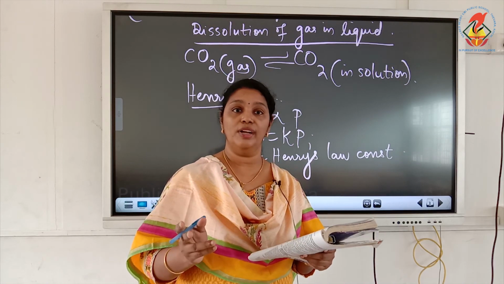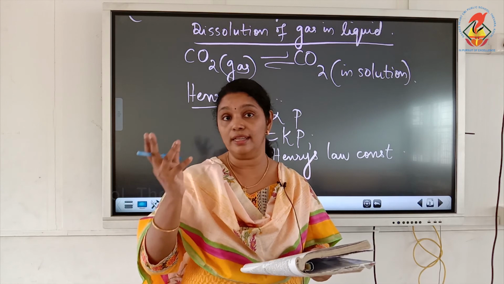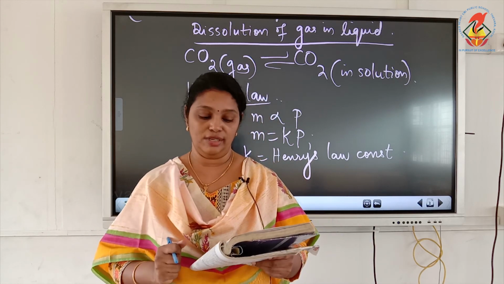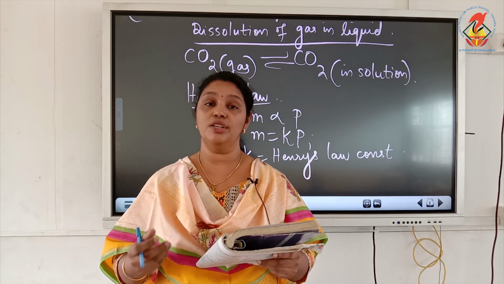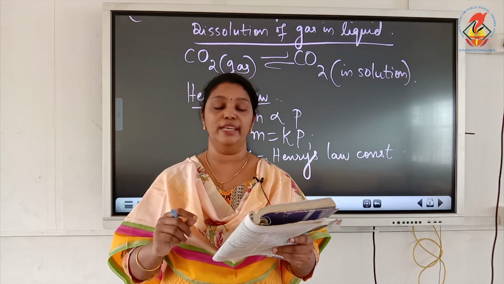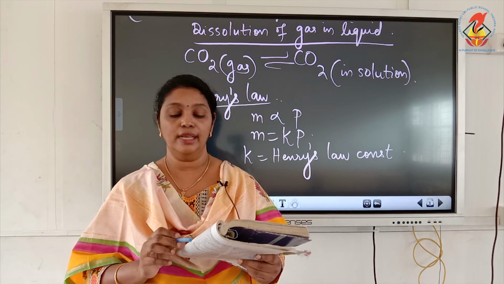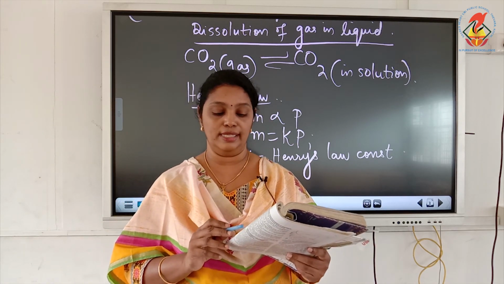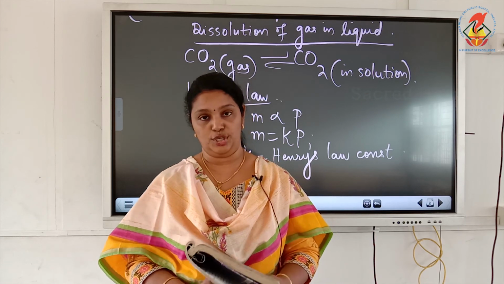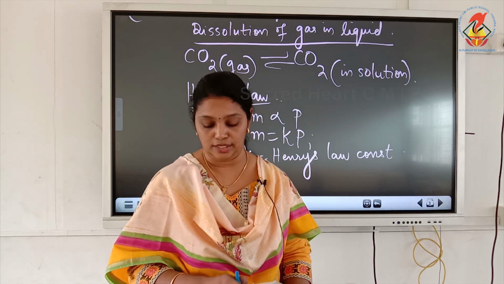The third one was solid vapor, which is sublimation, and there the color remains constant. Next, for dissolution of solid in liquid, the solubility of the solid in solution is constant. And the last is for dissolution of gases in liquid, where the mass of gas dissolved is constant at constant pressure. So these are the 5 types of physical equilibrium.